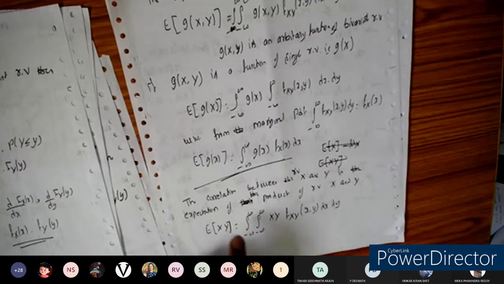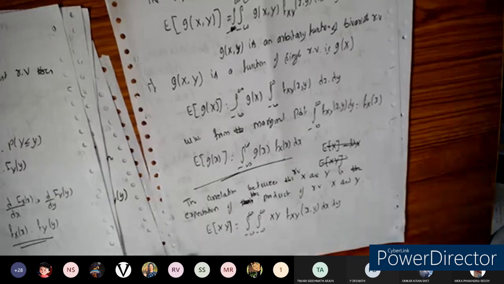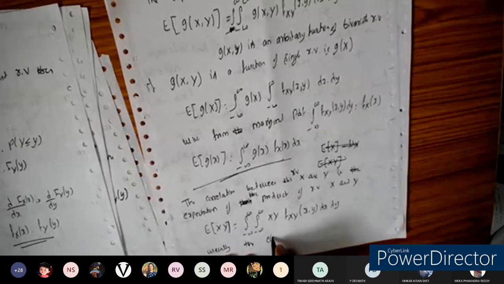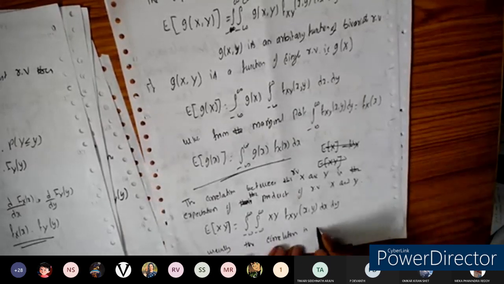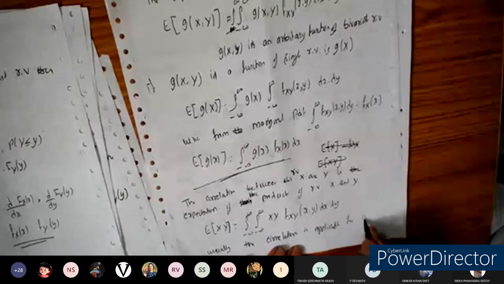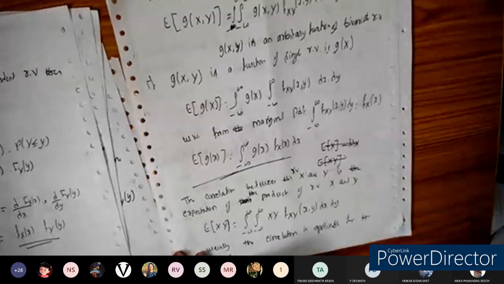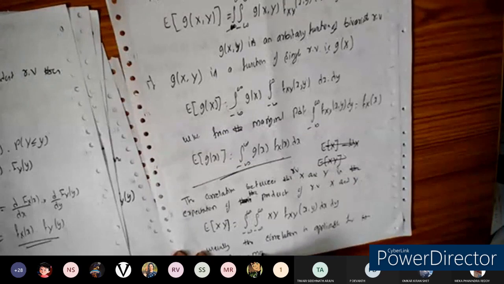Usually this correlation is used with zero mean bivariate random variables. We are going to use this correlation here. It is applicable for zero mean bivariate random variables.